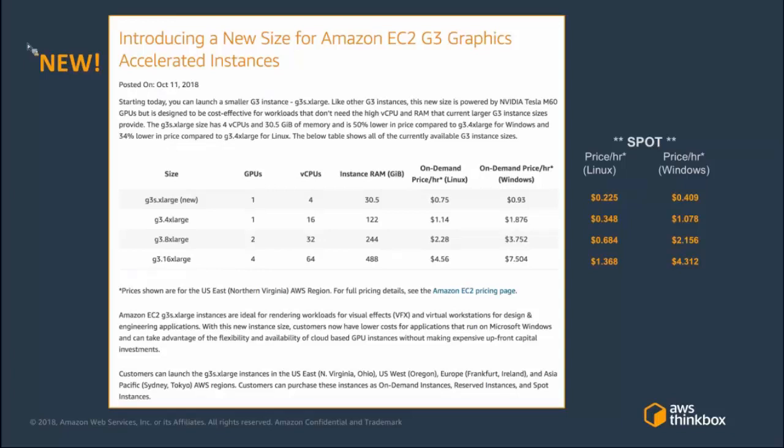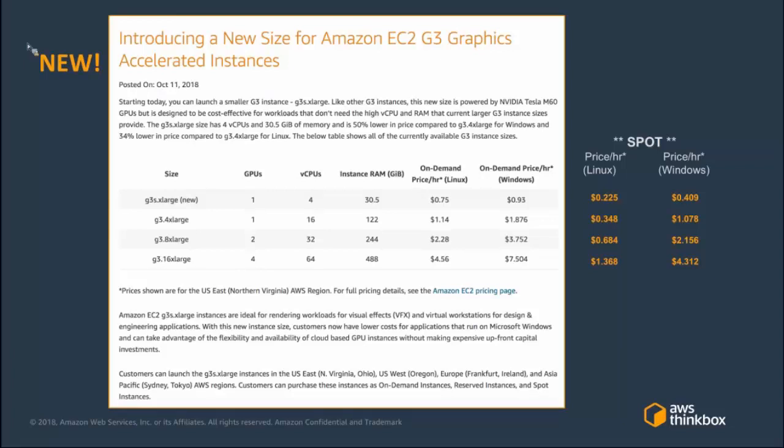These prices and this new instance are available across quite a few of our regions, not absolutely every single one, but it's listed at the bottom there: North Virginia, Ohio, Oregon, Frankfurt, Ireland, and in Asia Pacific the Sydney and Tokyo regions.